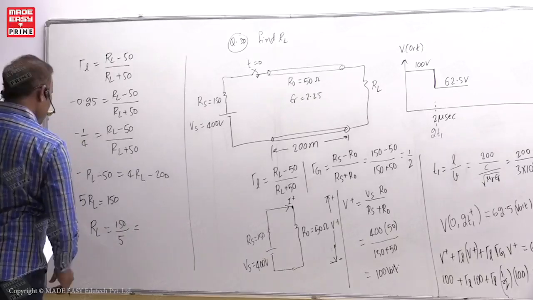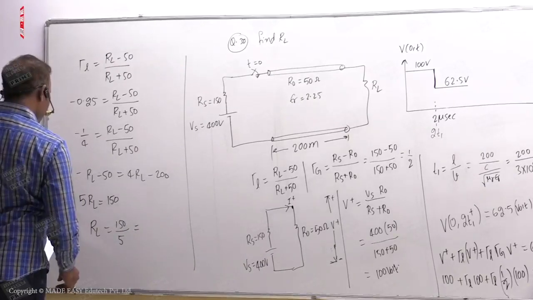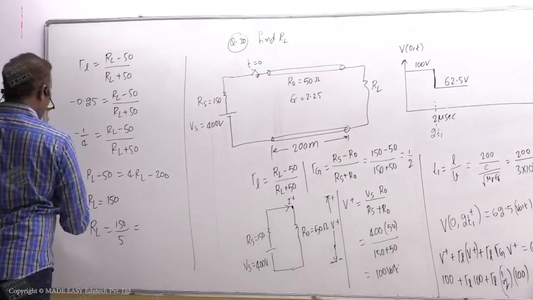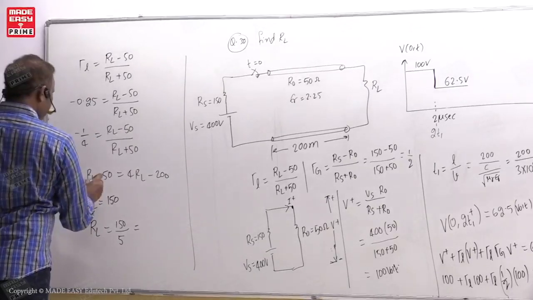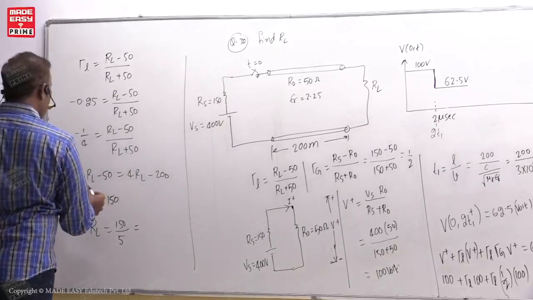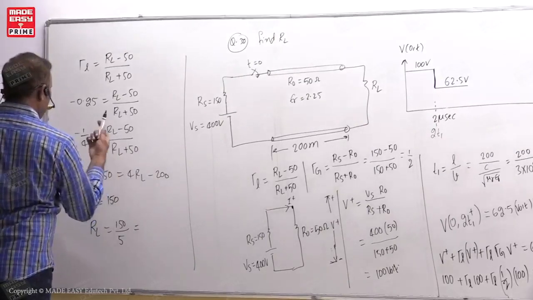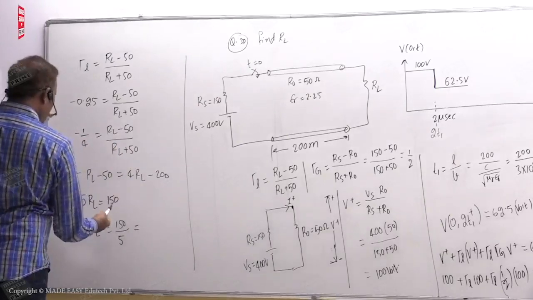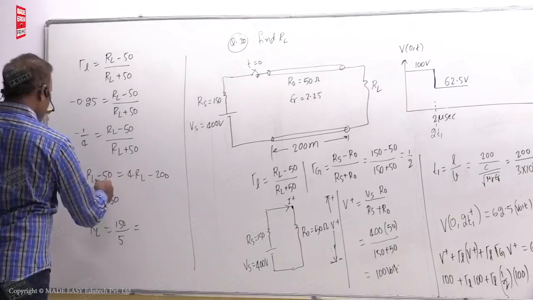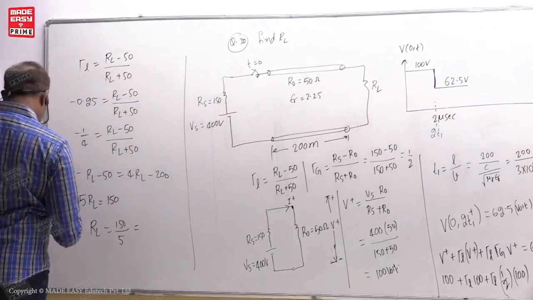Any print mistake? Minus 1 by 4, no, that is RL minus Z naught, so it is fine. This is coming this side, 5, and if it goes this side, 150.